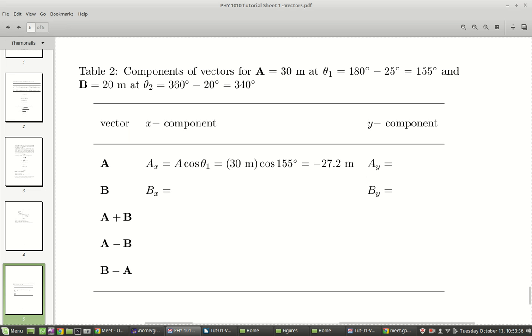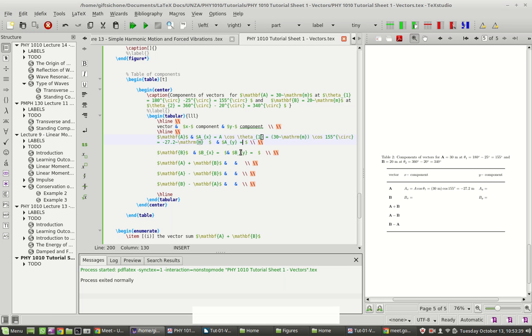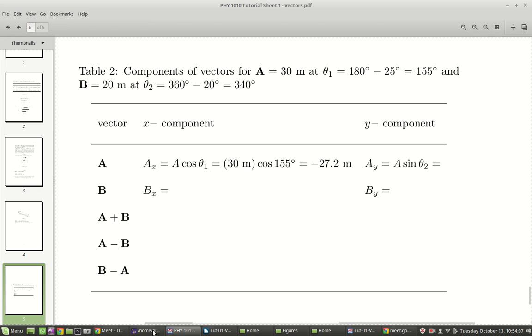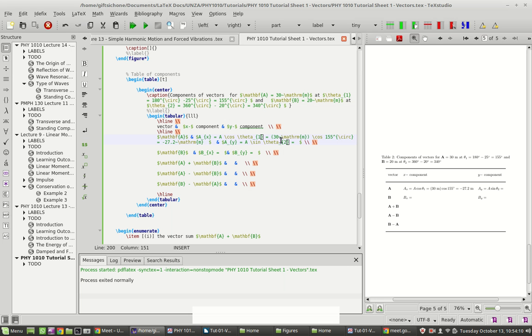Next, how do we get AY? The magnitude of vector A multiplied by the sine of the angle A makes with the positive x-axis. How much is A? 30 meters.